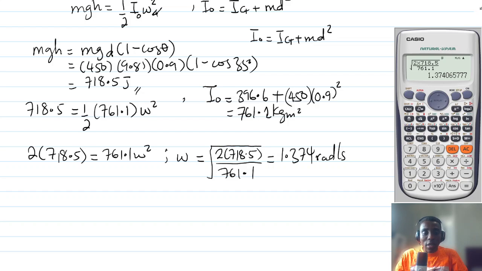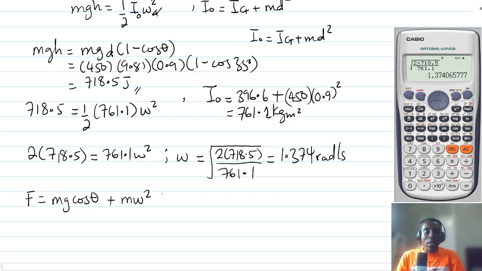So the actual formula is, this force is m g cos theta plus m omega squared d. I can't prove this one because it's beyond the scope of this video, but that's the formula.